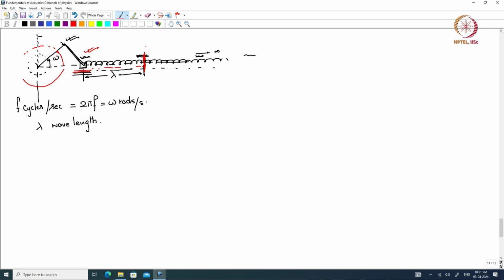So, this point and this point have the same motion, and next time around there is another point, because by that time the signal has propagated. So, this point also has the same motion. So, there are regions where they have exactly the same motion happening because the crank is doing a periodic motion, okay. So, now the distance is lambda, which is wavelength, okay. So, now we say that these 2 points, this point and this point, are vibrating in phase.